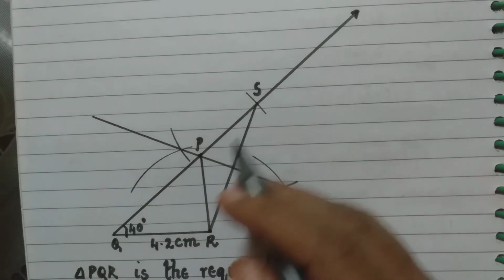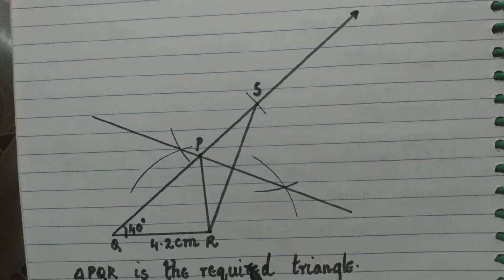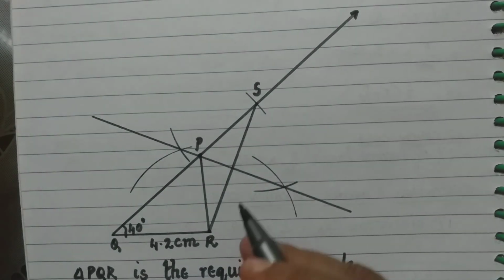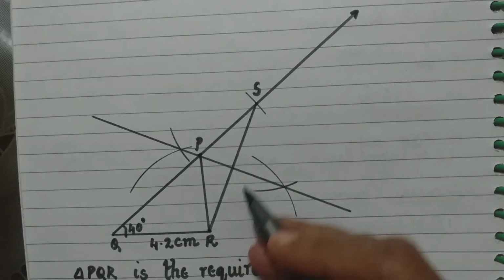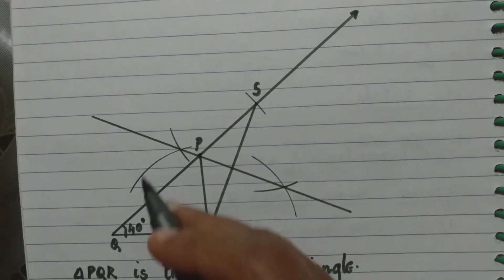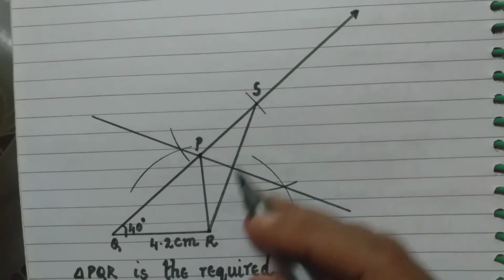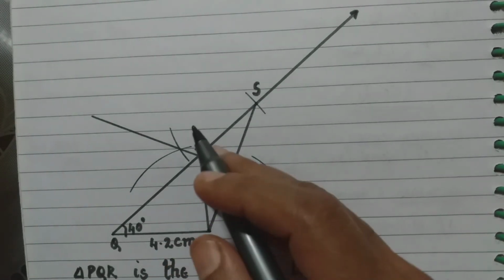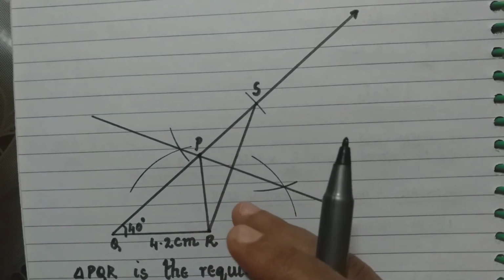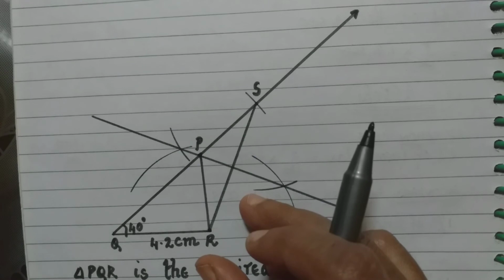Now we had got one triangle SQR, but we had to construct the triangle PQR. Now to construct the triangle PQR, we consider this side SR and draw the perpendicular bisector for it. To draw the perpendicular bisector, we can draw a pair of arcs considering the radius as more than half the length of that side.